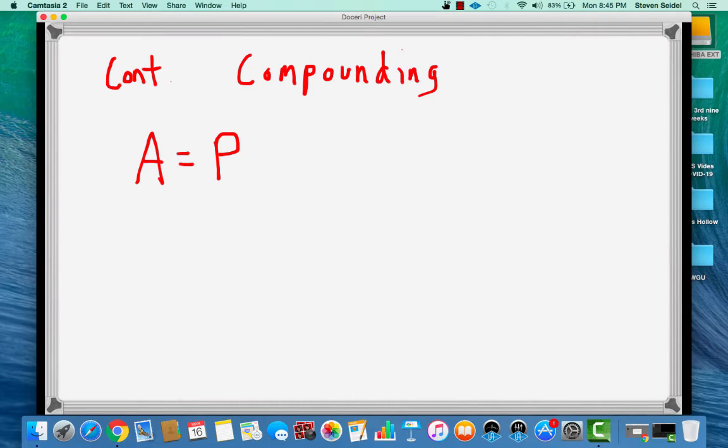It compounds interest so often that it gets out of hand. So you got to work really exponentially. So we're going to use E. I'm guessing you recognize that. If not, we will discuss it. Continuous compounding, the formula is just A equals P times E to the RT power.